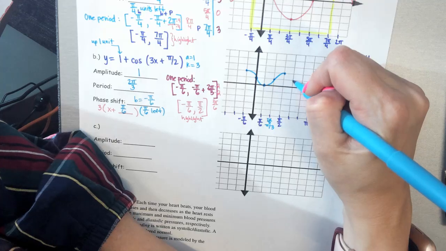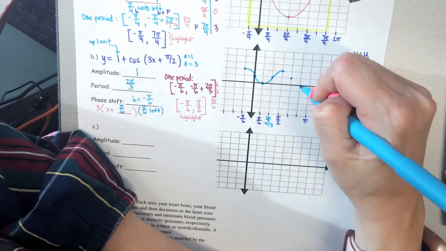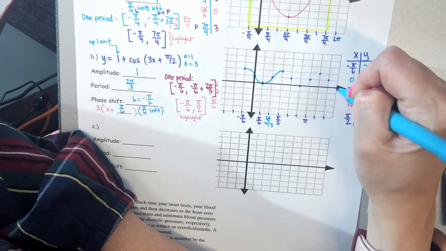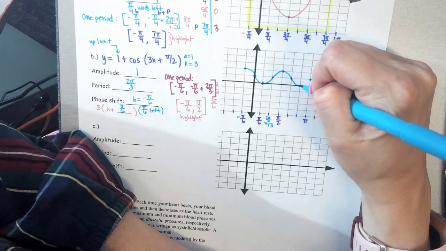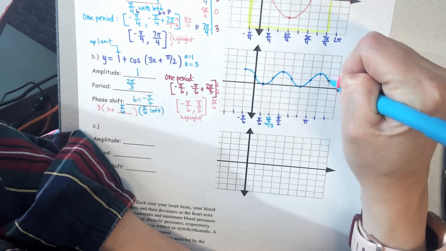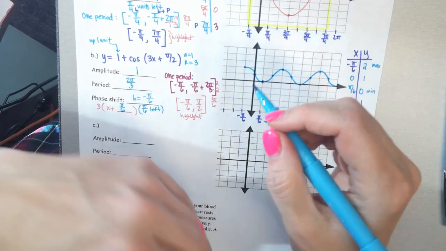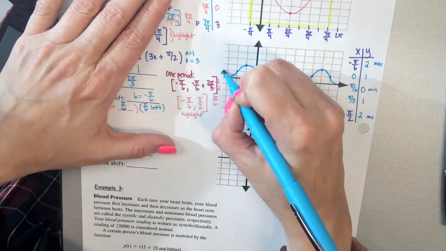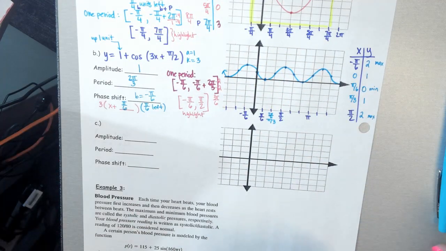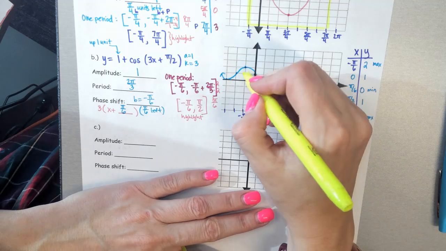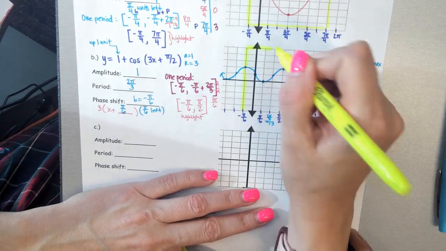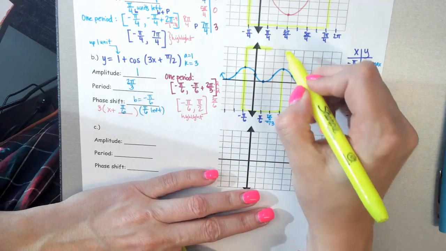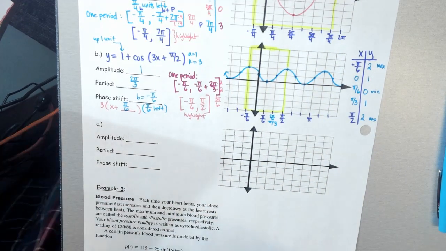Okay, so 1 to the middle, 1 to the min, 1 to the middle, 1 to the max, middle, min. And negative pi over 6 to pi over 2.